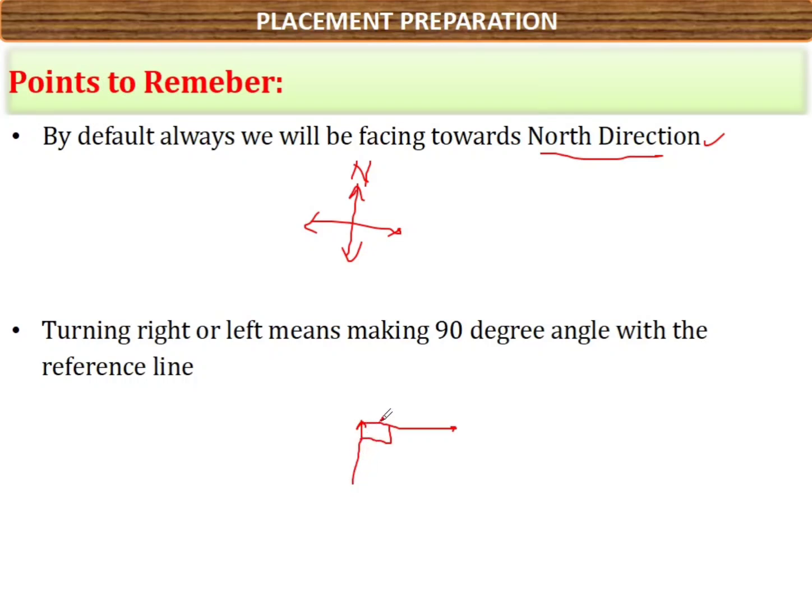I will repeat this point. Assume you are facing towards north and you turn towards right, you cannot turn however much you want. You have to turn exactly 90 degrees with this line. Similarly, you are facing towards north and you turn towards left, you have to turn exactly 90 degrees. This is the second point which you need to understand.